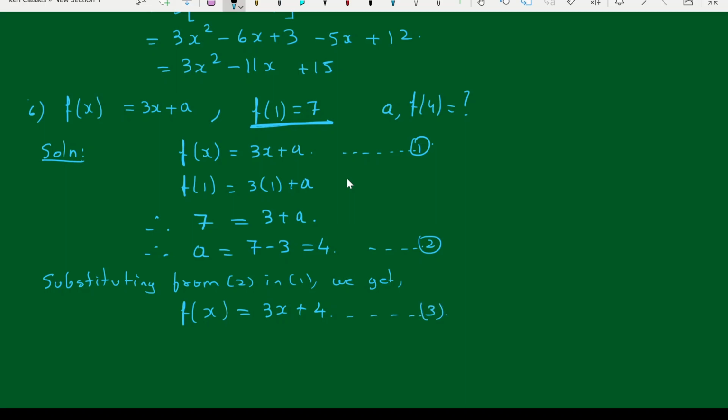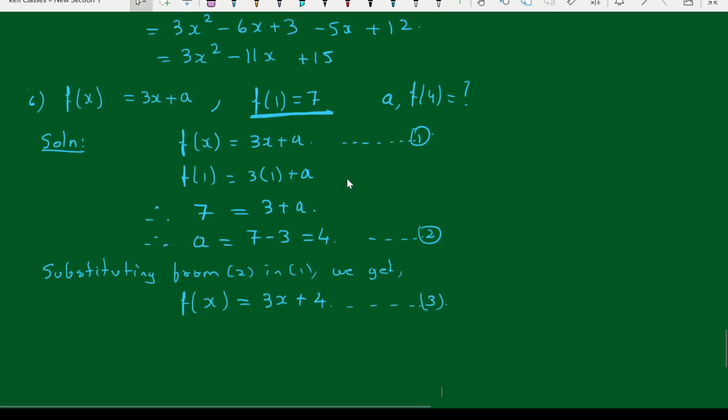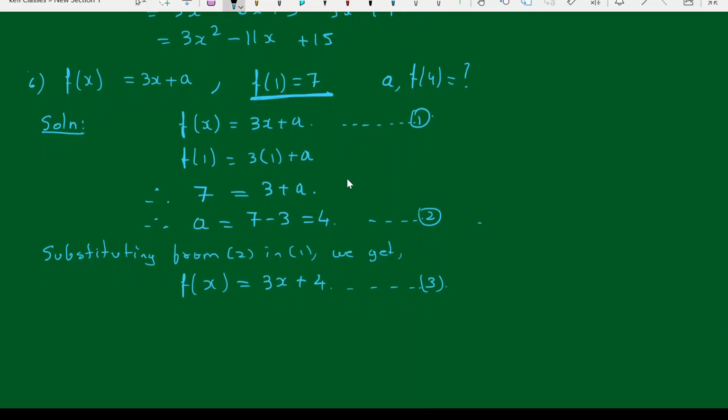Equation 3. तो हमारे पास f of x आ गया. एक आंसर आ गया ऑलरेडी, which is a. ठीक है. Now the second one, f of 4 चाहिए.